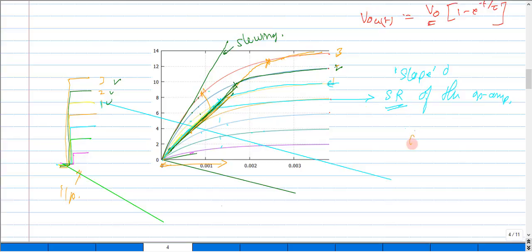We know that during slewing it follows this expression, so either by reducing the value of CL or by increasing the value of current, I can increase the slope of this, so that it covers most of the height of our inputs, correct?